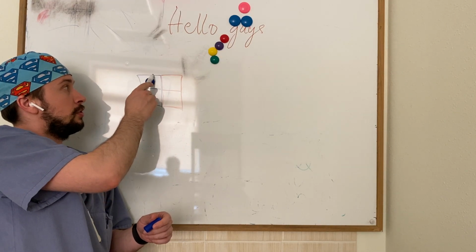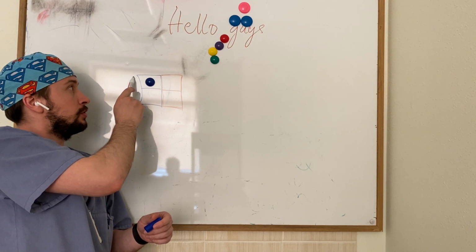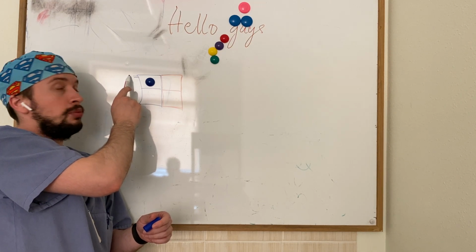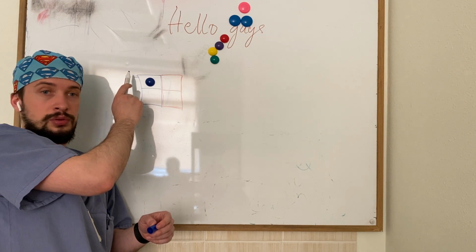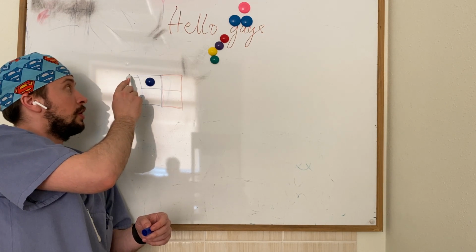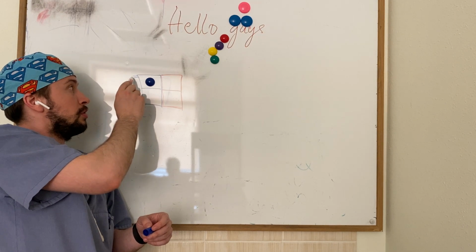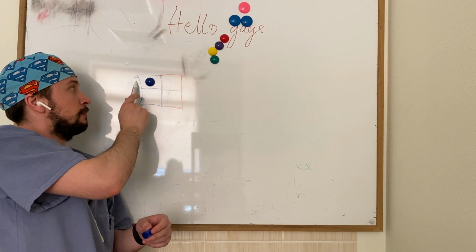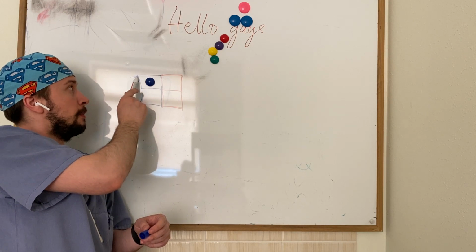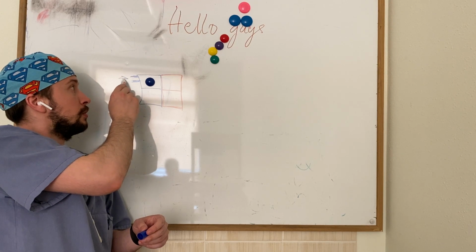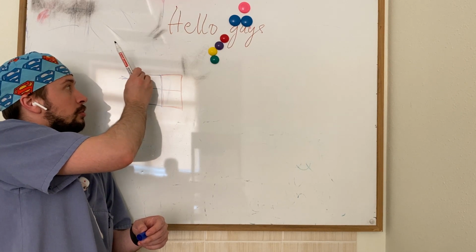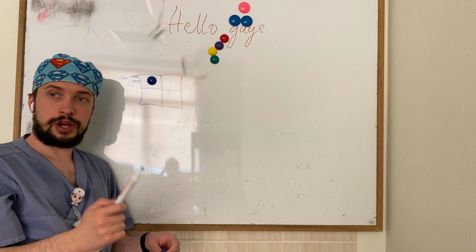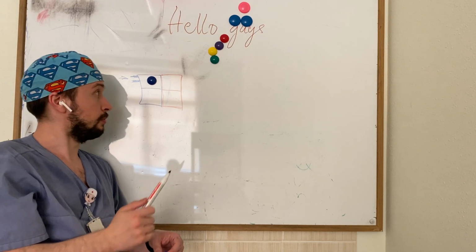The blood comes to the heart from the vena cava, superior and inferior, yeah? This is our blood coming to the right atrium.